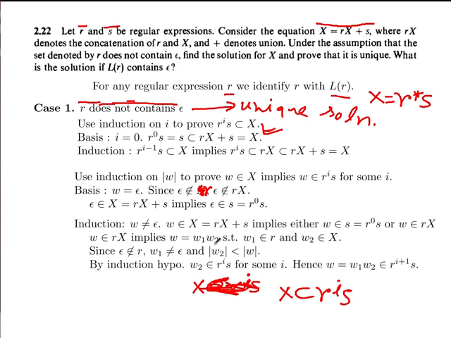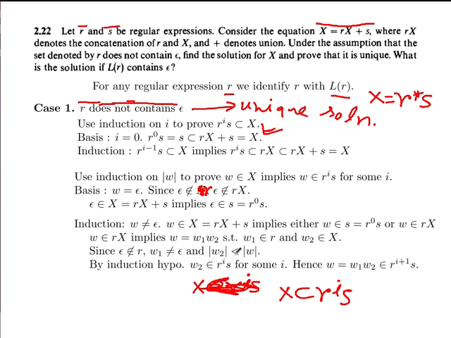Now you see that this W1 cannot be empty, right? Because it belongs to R and R does not contain epsilon. So W1 cannot be empty. If W1 is not empty, then W2 is shorter than W. Okay, because you have taken some symbols here, so W2 is shorter than this.